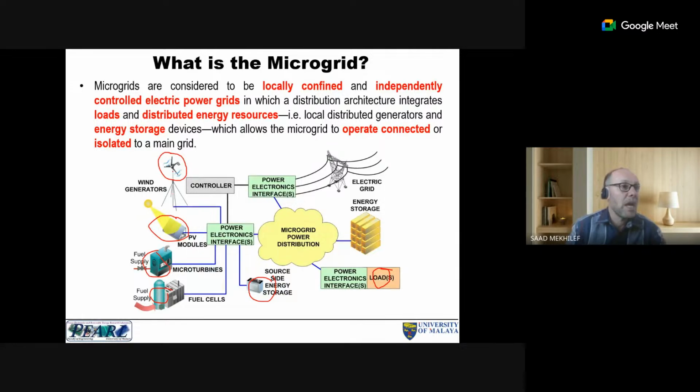You may have wind and solar and diesel generators only. You may have solar, wind, and storage. So the combinations depend on the availability of resources, because the idea of this microgrid is to make use of the local available resources.